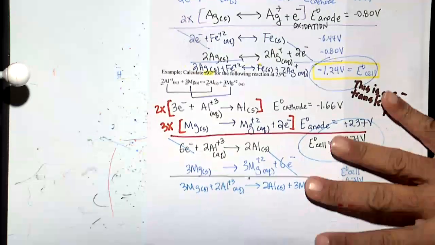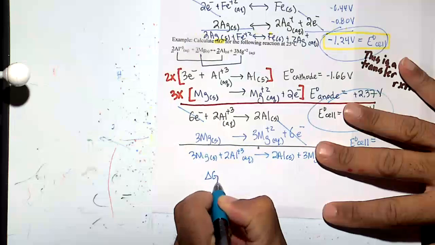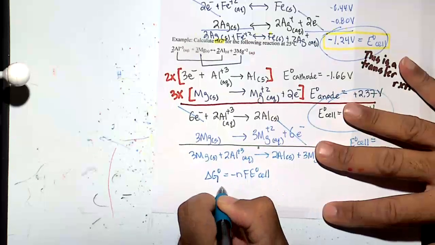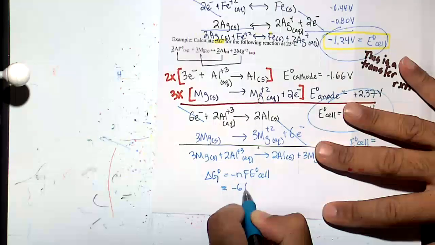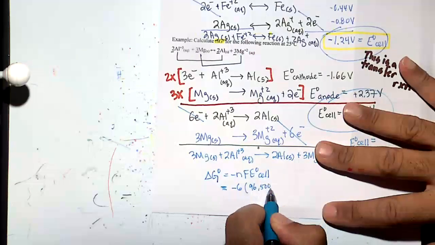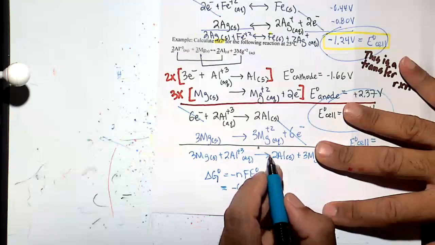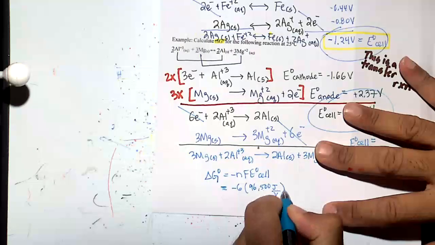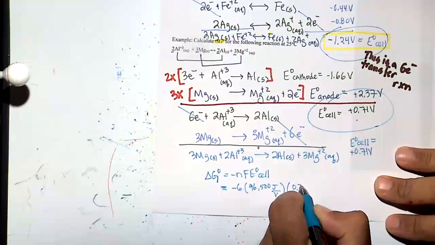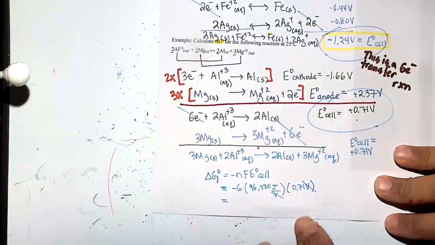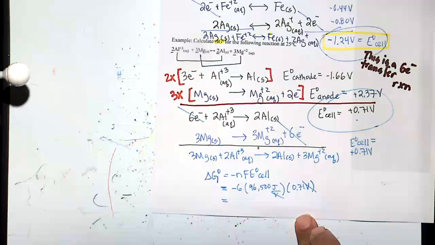So we're going to use delta G naught is minus nFEcell. Minus 6, 96,500. Here you want to use the correct units, joules over volts, and Ecell is 0.71 volts. So we get joules, and then what's minus 6 times 96,500 times 0.71?